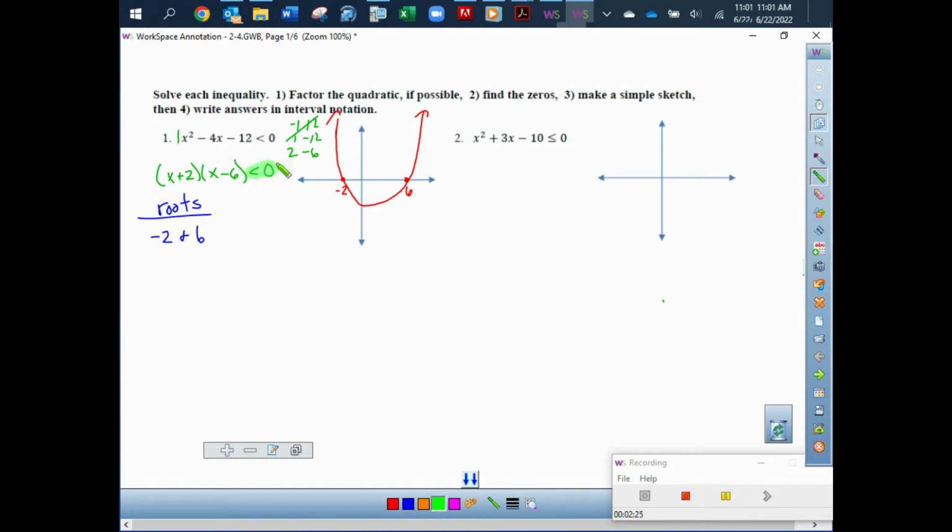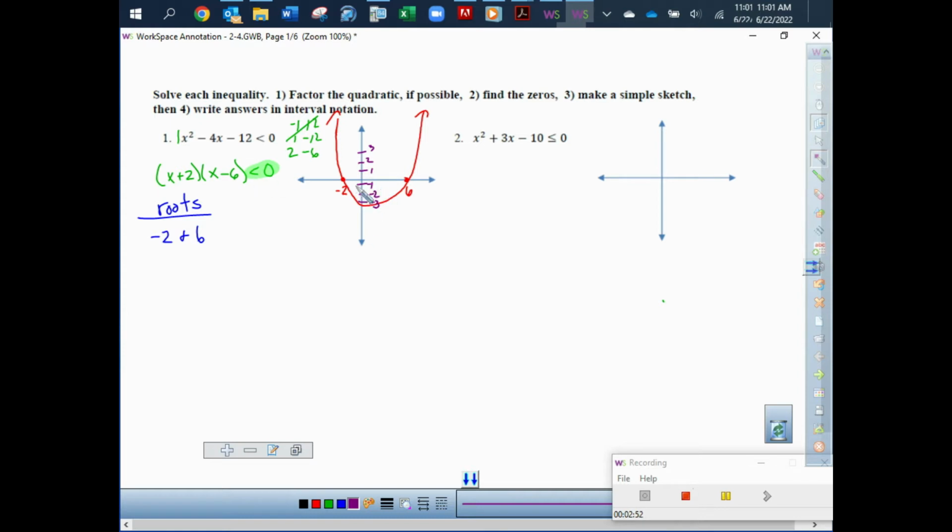Now, the squiggle part has to do with what this says. This says they want to know where this thing is less than 0. Well, this is kind of like the y position if we were graphing, like the y-axis, and they want to know where that's less than 0. If you started putting a scale on this y-axis, all the numbers above the x-axis are positive y values, and all the numbers below the x-axis are negative.